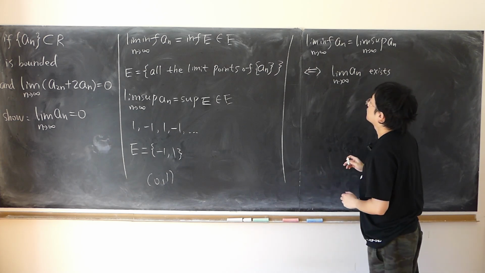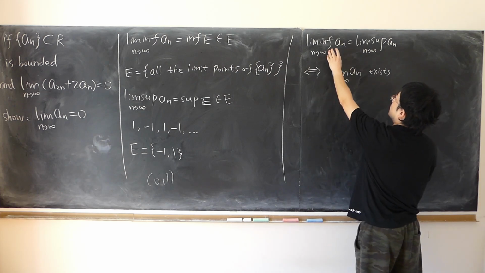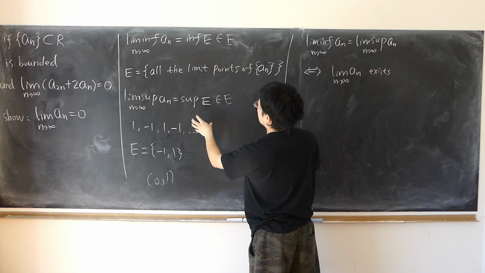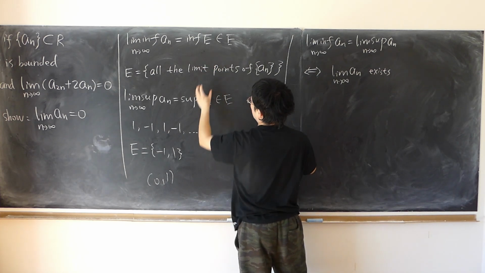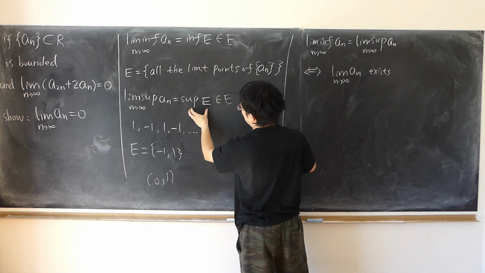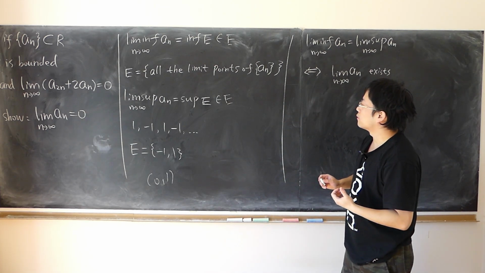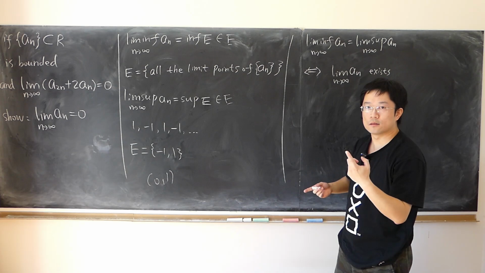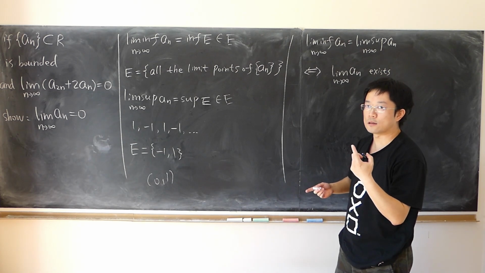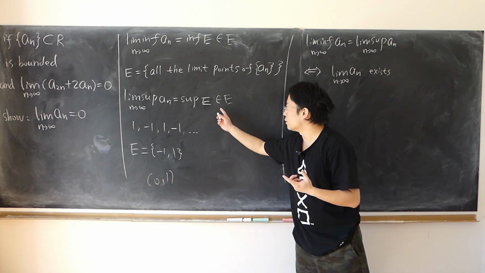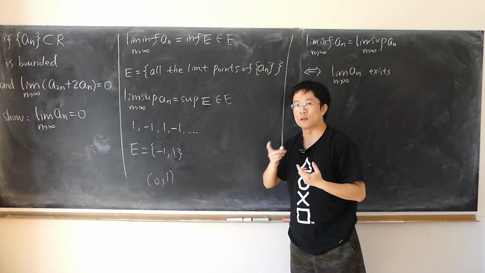Why? Because if this is equal to that, which means infimum of E equals supremum of E, what does that mean? That means the set E only has one element. Otherwise it cannot be true. So only one element in set E, which means there's only one limit point.